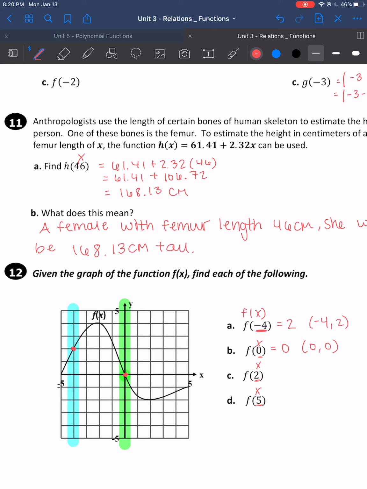If we wanted to do f of 2, we want to find where this function is at 2. Here's 2. Right here is where my function crosses at negative 2. So my ordered pair would be 2, negative 2. And then I'm going to leave D for you to do. So find where x is 5, find the y value.